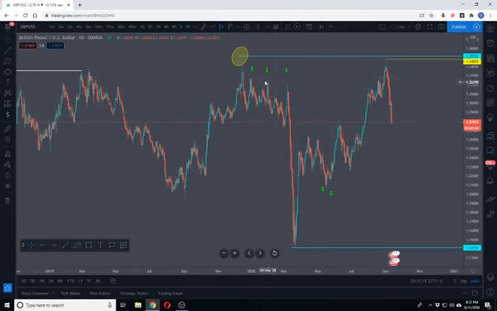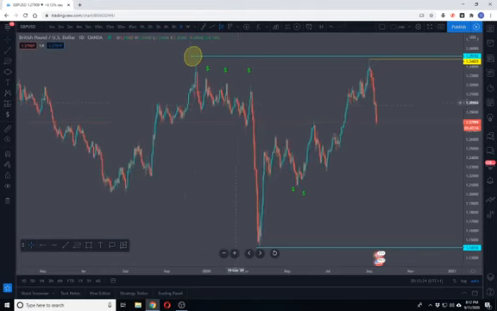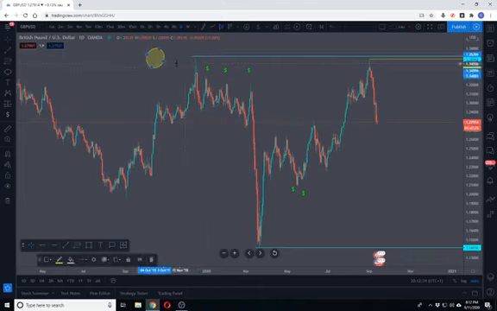Now what we're looking for is we're waiting for the market to come back into some area of inefficiency, or imbalance, or fair value gap, whatever type of phrase you might have heard. According to ICT, these wicks would be, I think he calls them exhaustion blocks, or something along those lines.